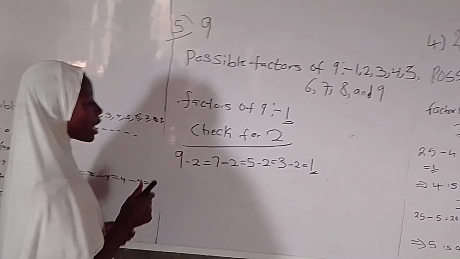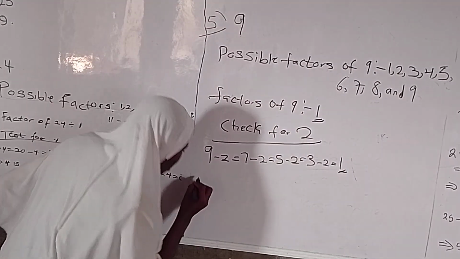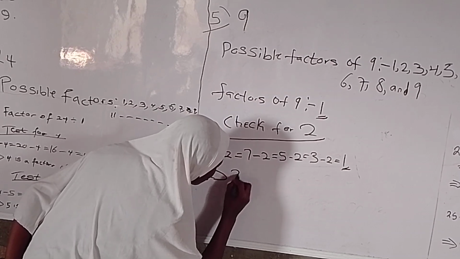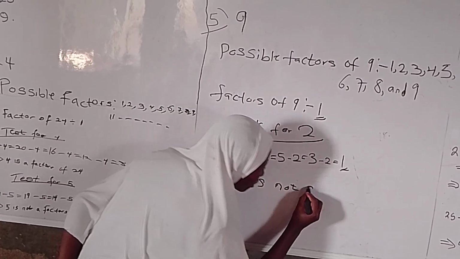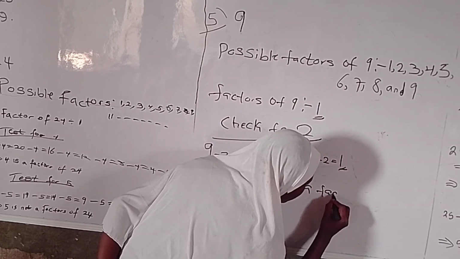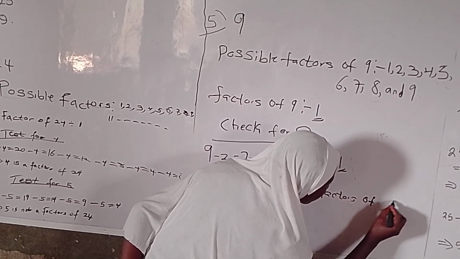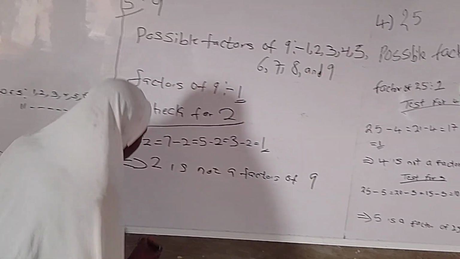Since our answer is 1, not 0, this implies that 2 is not a factor of 9.